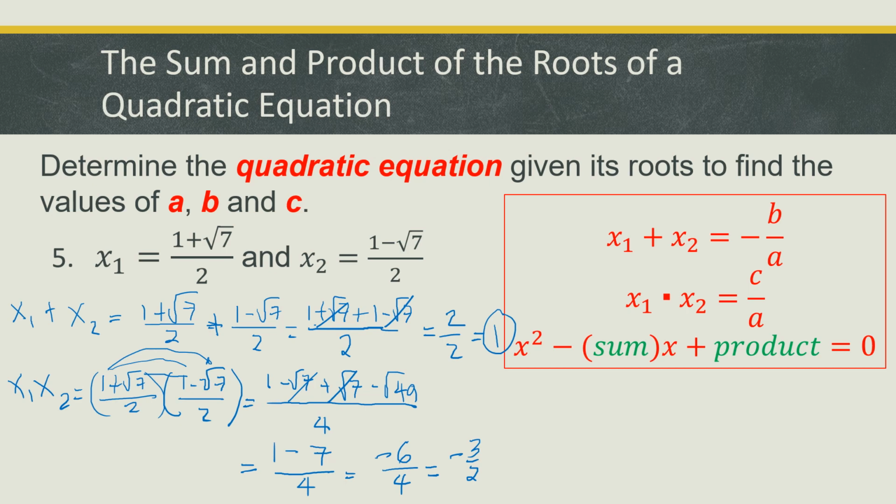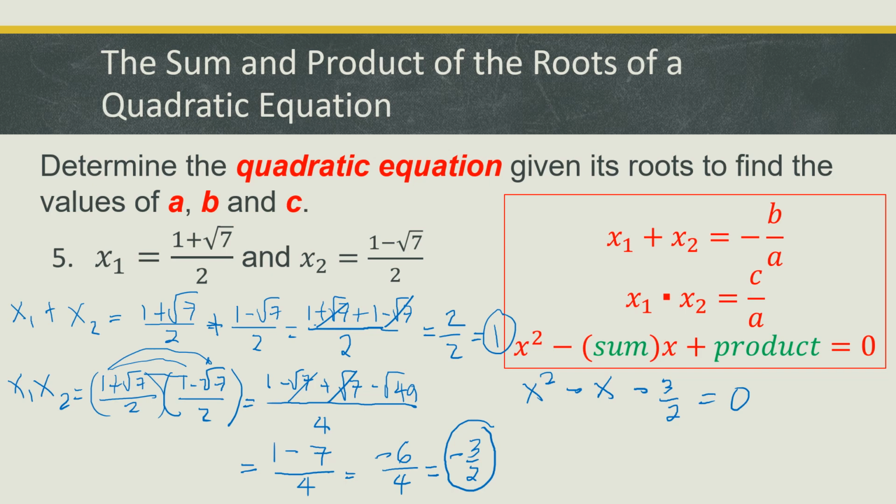Alright? So we will now use the sum and product for us to have our quadratic equation. So x squared minus x, as simply the sum is 1, so we don't need to write 1, and minus 3 over 2 is equal to 0.